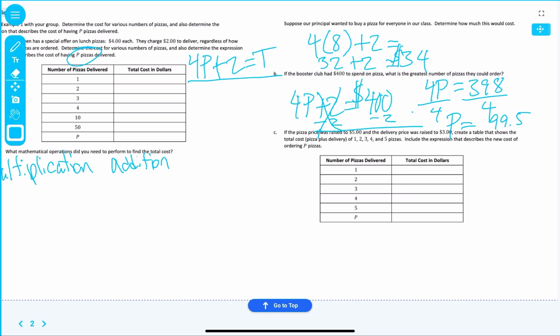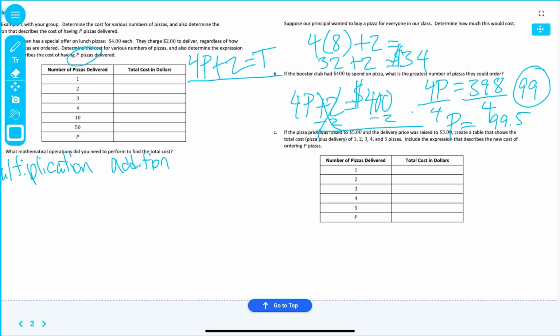So are you going to order a half of a pizza? Probably not, right? So you're going to have 99 pizzas. We could have done that easily by saying 100 times 4 is 400, but we don't have enough, so we'll probably just have to do 99 pizzas.